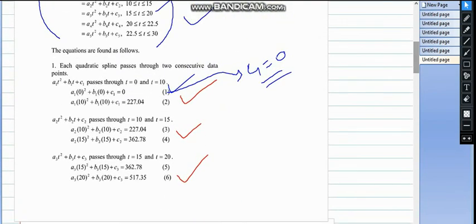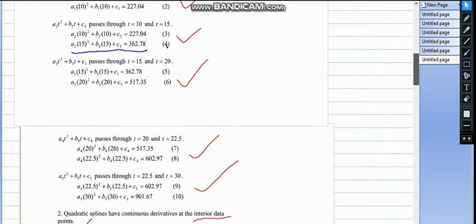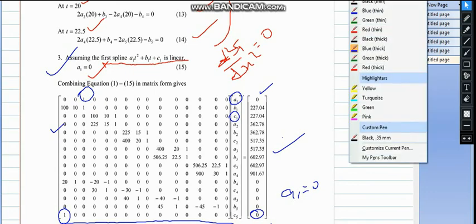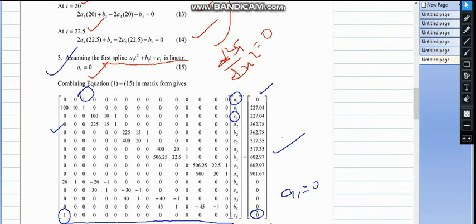And if you want to check, for example, let's say this fourth equation. Okay, this fourth equation, we want to check this one. So in this matrix we have this row, right? The first element is 225, then 15 and 1, and this will be multiplied with A2, B2, C2, right?